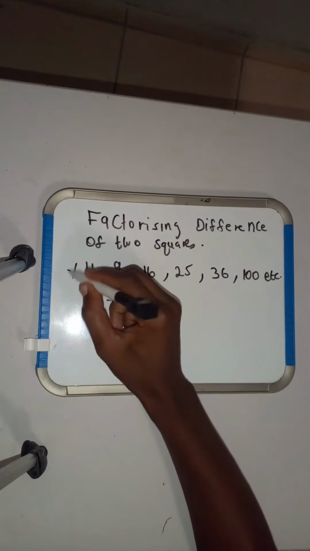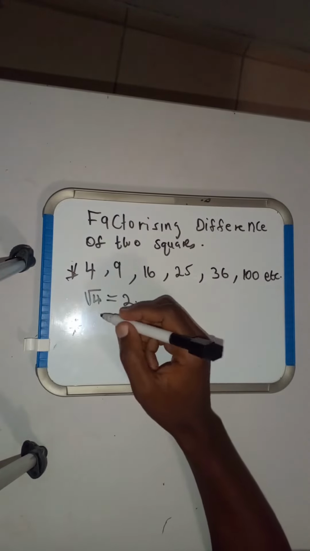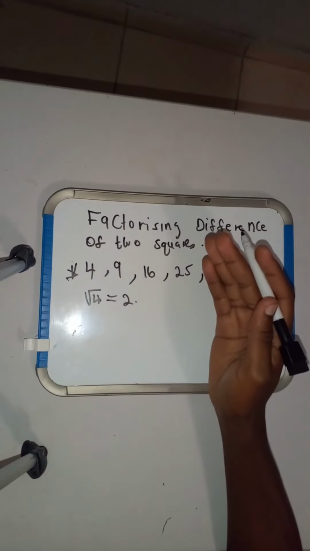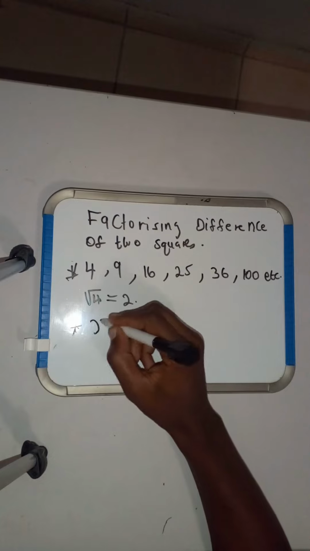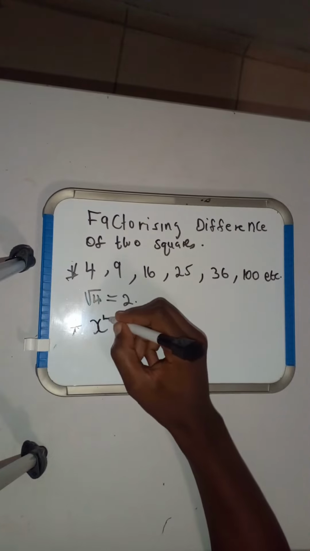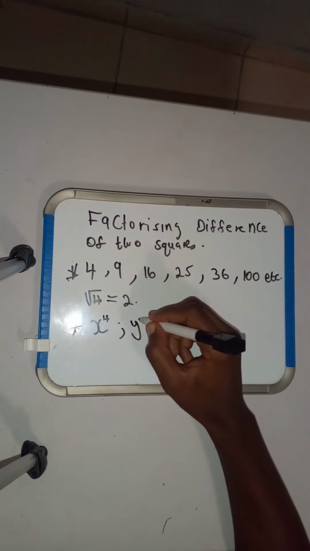Okay, now let us look at variables which are perfect squares. What kind of variable is a perfect square? A variable with an exponent which is an even number is a perfect square.